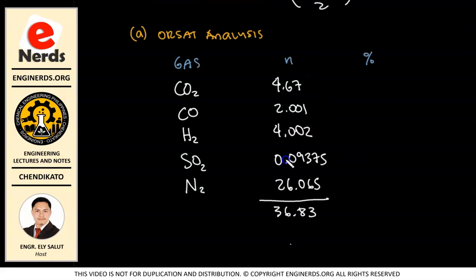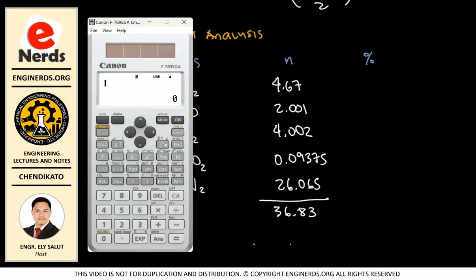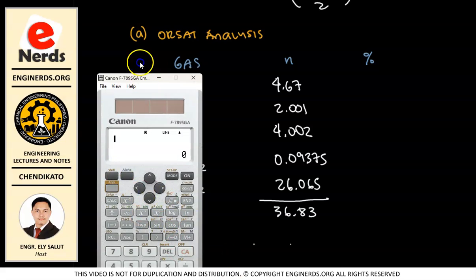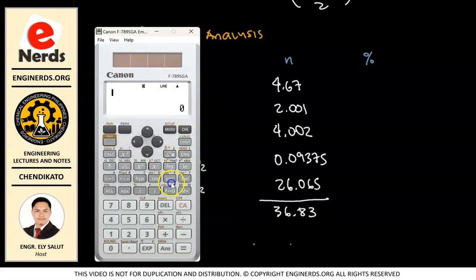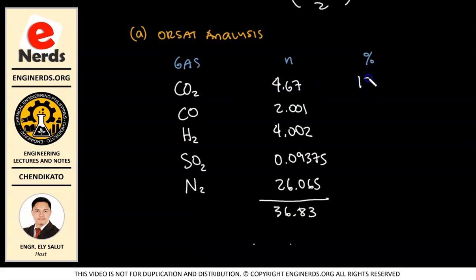Now let's get our ORSAT analysis. We just need to get the percentage of each of our gases. Let us start with CO2. For CO2, we have 4.67 divided by 36.83 times 100, so we have 12.68%.